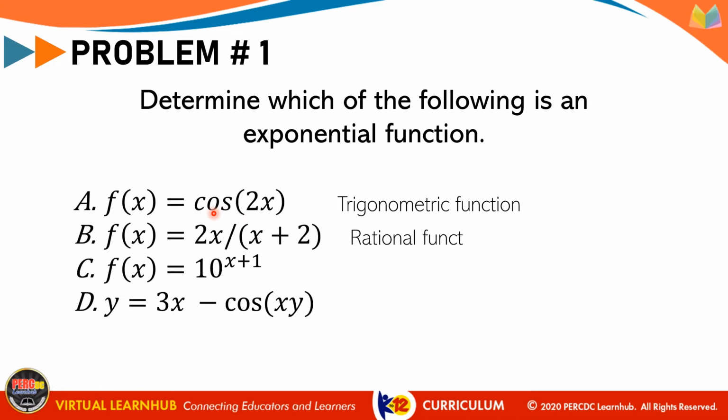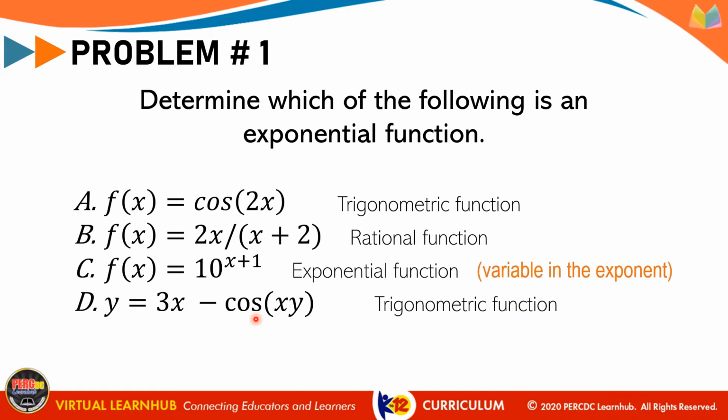Letter B is a rational function because it has the division sign. It is the ratio of two expressions. Letter D, we can say that it is a trigonometric function because of the cosine here. And since we have no other choice, C is the exponential function because of the variable or the argument in the exponent.